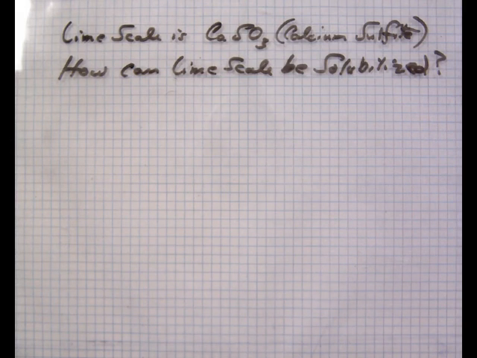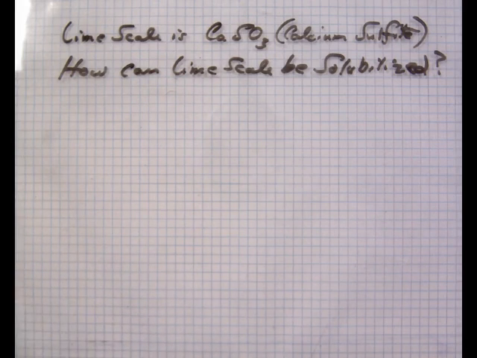Now, the reason I'm asking this, if you have a Mr. Coffee or something like that, over time the heating element in that thing will coat up with lime scale like this, and it'll ruin it. But there's something you can do to get rid of that, and you can add what? An acid. You can add a weak acid to it, and it'll solubilize that lime, and it'll get rid of it. Also, inside of washing machines, sometimes you see a white coating. You can take some vinegar and wipe off the inside of it, and it'll solubilize it. Now, why does it solubilize?